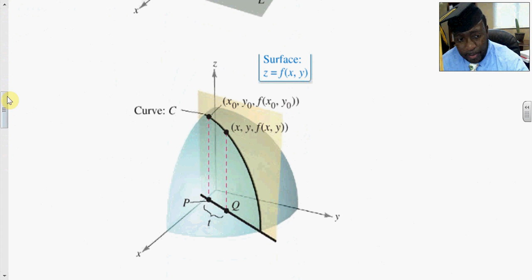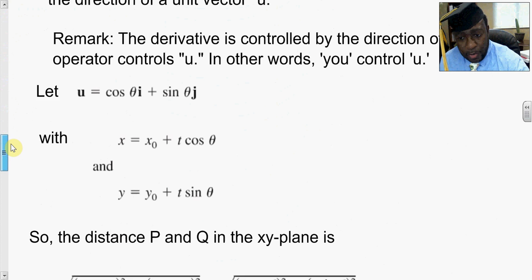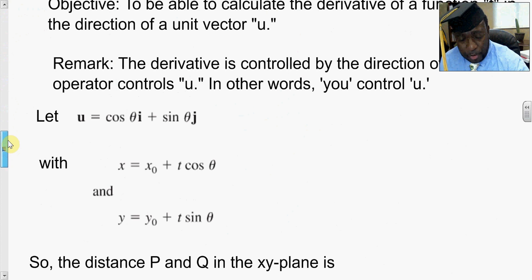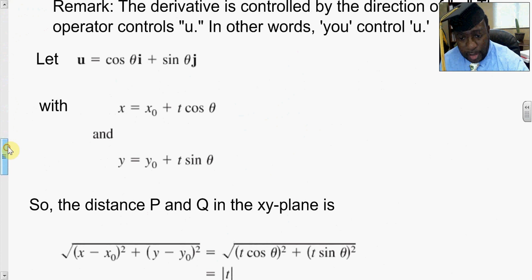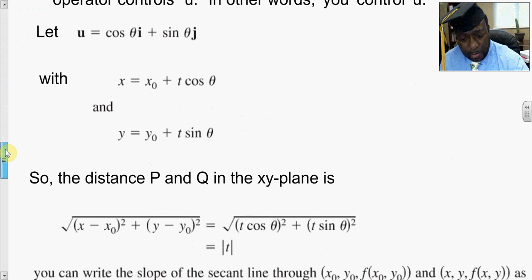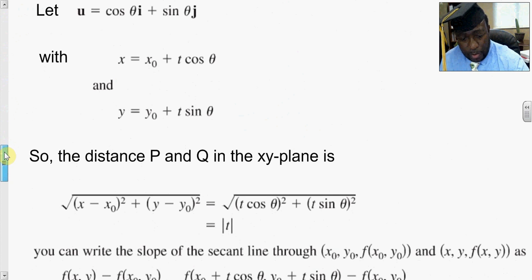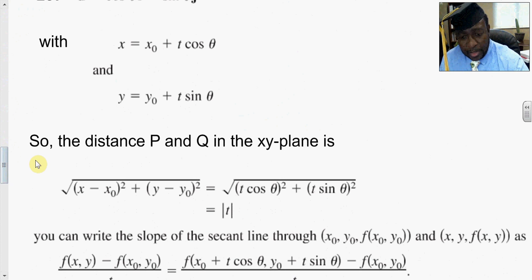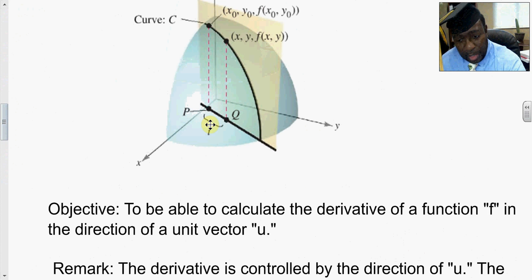The distance between p and q is said to be this number or scalar that we call t. And so x and y relate to q, and x naught and y naught relate to p. So it is possible to look at the distance between p and q in the xy plane, and to do that we have just the distance formula, and that gives us t, and that's what we're trying to calculate and express as the difference between p and q.